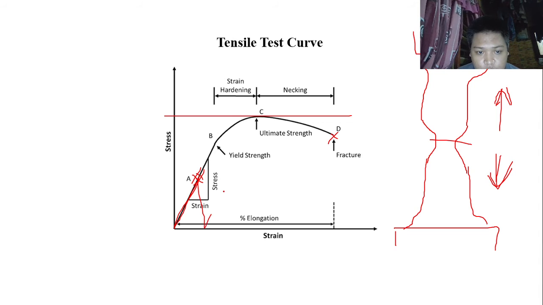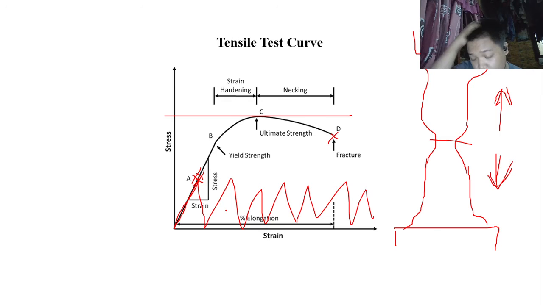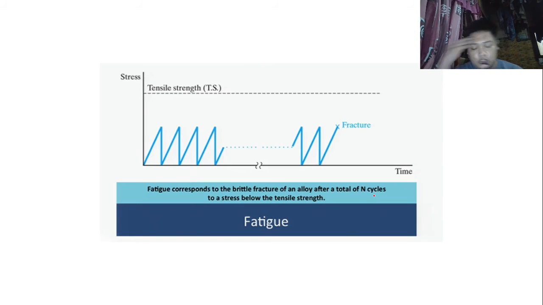We will do that over and over again for several hundreds, thousands, or millions of times until it leads to fracture. So this is the diagram for determining the fatigue of a material.